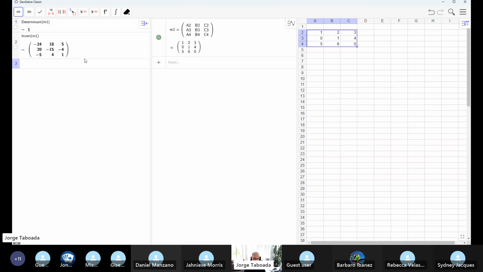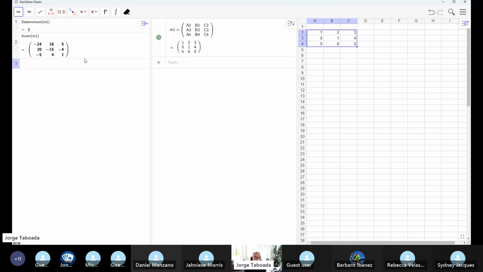Press enter. The answer is negative 24, 18, 5, 20, negative 15, negative 4, negative 5, 4 and 1. I copied it in my piece of paper. This is the inverse matrix.